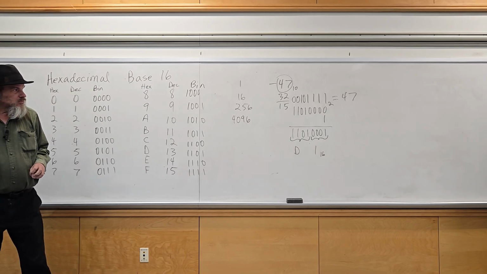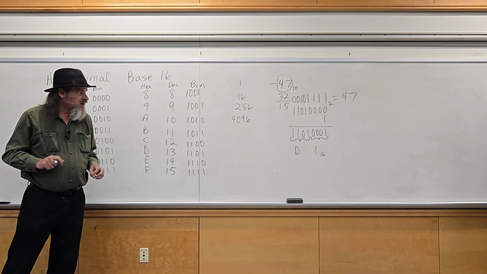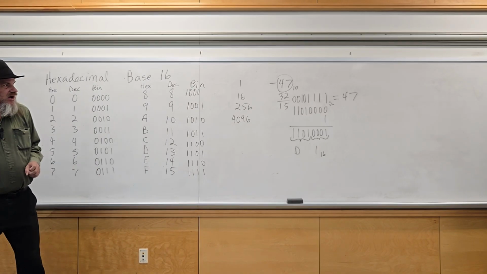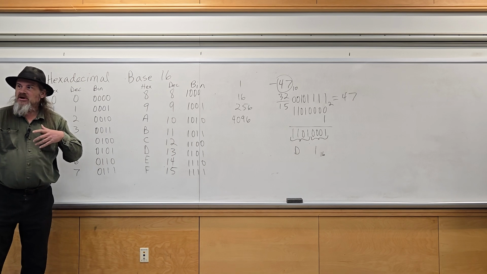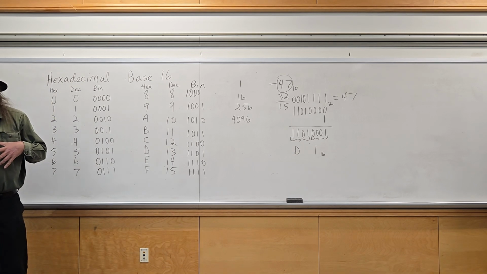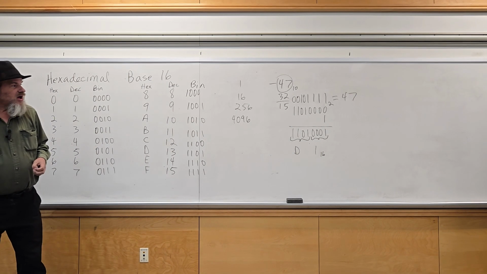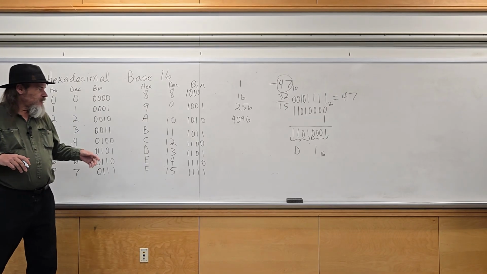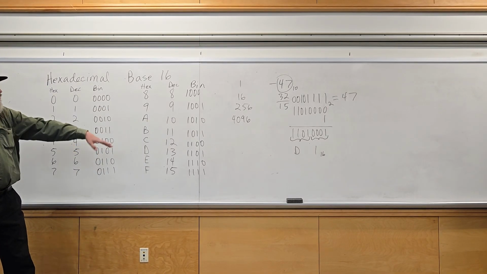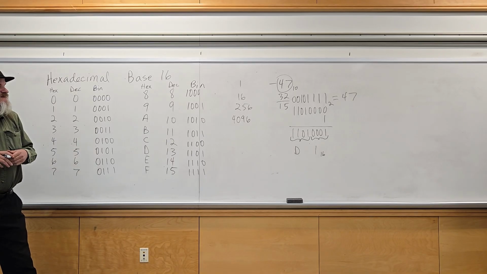So to do negative numbers in hexadecimal, you have to convert to binary first, and then do the simple substitution between binary and hexadecimal.